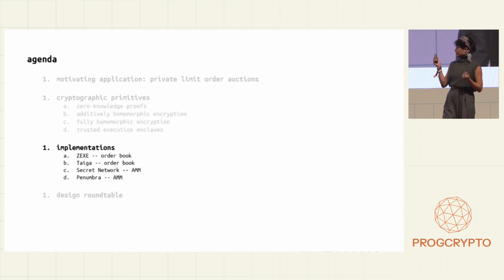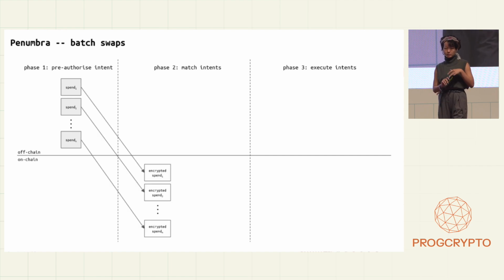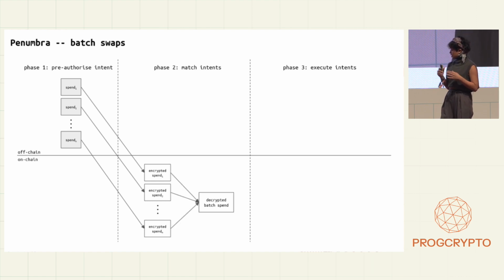And this idea of batch swaps is integrated into Penumbra at the very core of their protocol. On Penumbra, users once again encrypt their swaps, this time to some threshold key in the Penumbra network. They encrypt it such that the ciphertexts can be homomorphically added up.